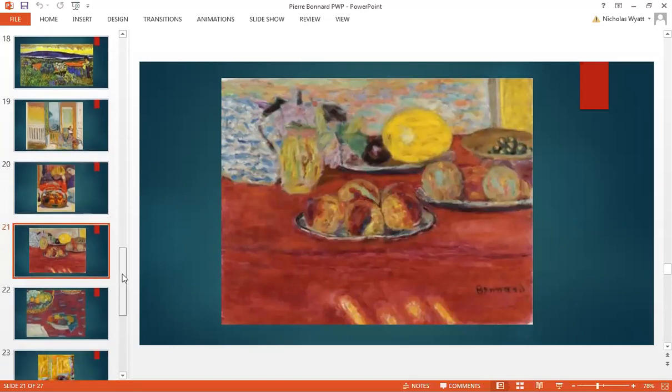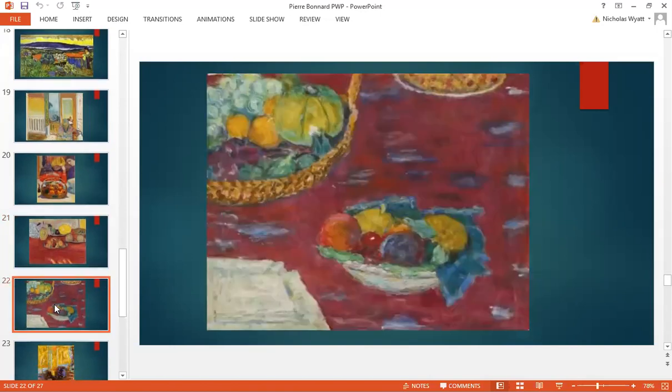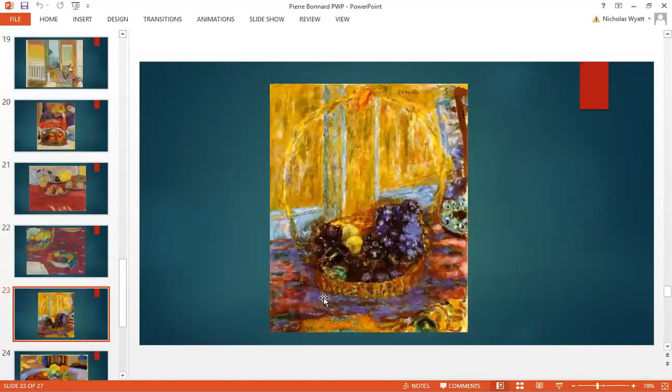I'm just a bit wary of the time, we're running out. Again, these baskets of fruit, complementary colours operating, warms and cools, but floating in a sea of alizarin red and violets. And all the time he's trying to recreate these experiences.